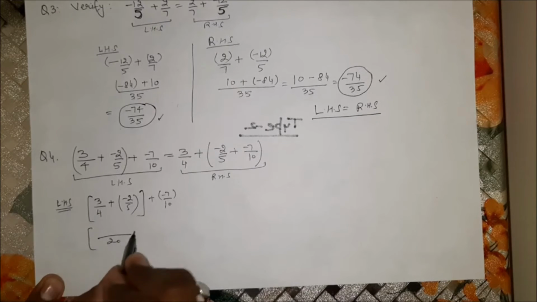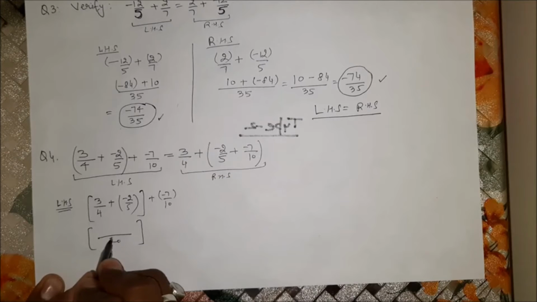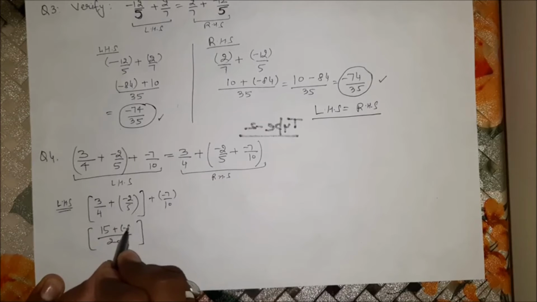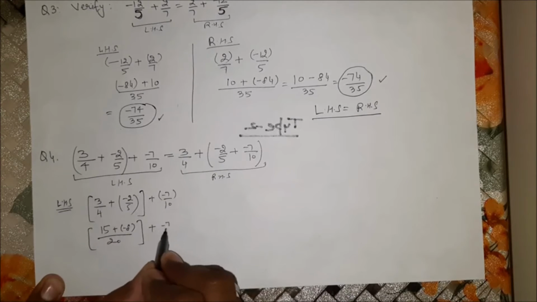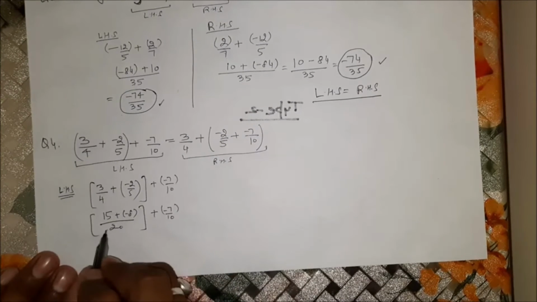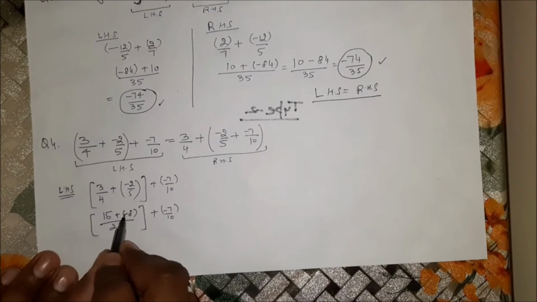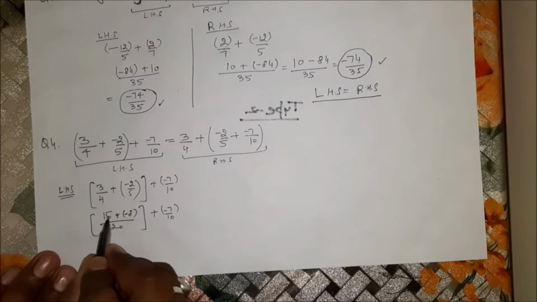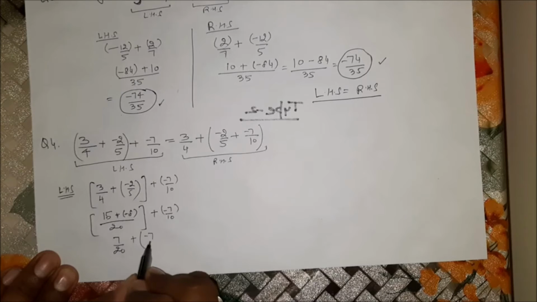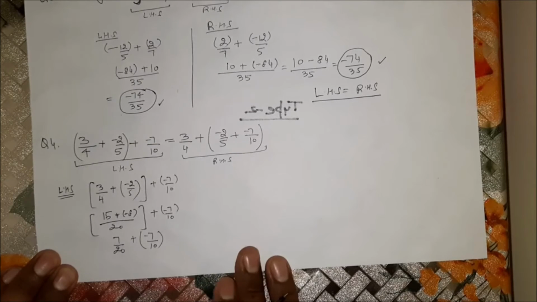In the numerator you will get 4 into 5 is 20 and 5 into 3 is 15. 5 into 4 is 20 and 4 into 2 is minus 8. This minus 7 by 10, third term, will remain same. You can solve it. 15 minus 8, 7 by 20 plus minus 7 by 10.